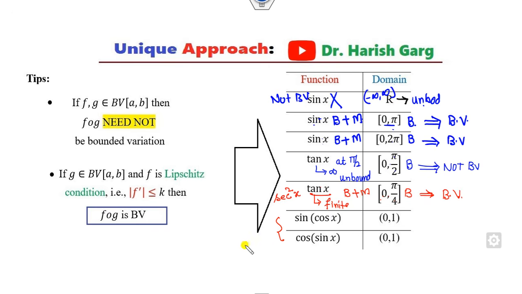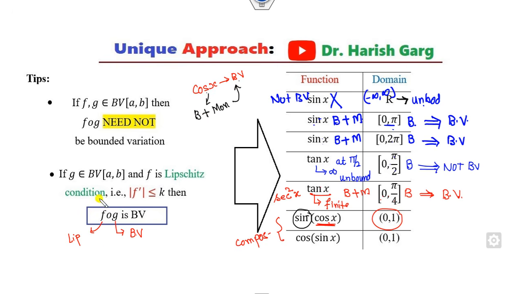Now you can see this is a composition, fine. For the composition, this one we need to be of bounded variation and this one we need to be Lipschitz continuous. So you can see this is my g, cos x clearly is of bounded variation over this domain. Why? Because it is bounded as well as monotonic, hence it is of bounded variation.